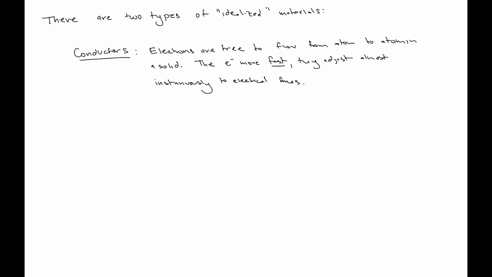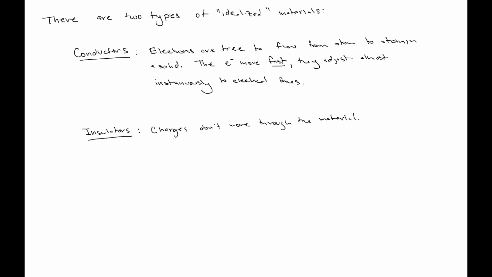The other type of material that we can classify objects in is insulators. Insulators are basically on the other end of the spectrum from conductors. For insulators, charges don't move through the material. Electrons are basically bound to the atom, or more bound to the atom rather.